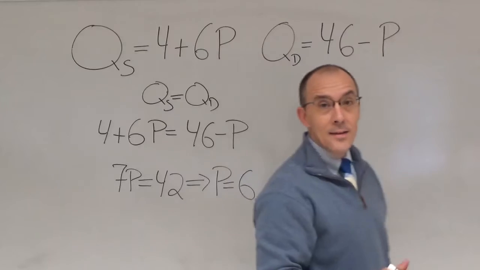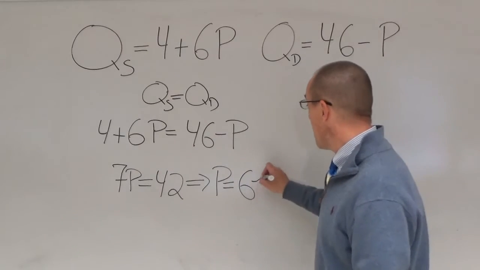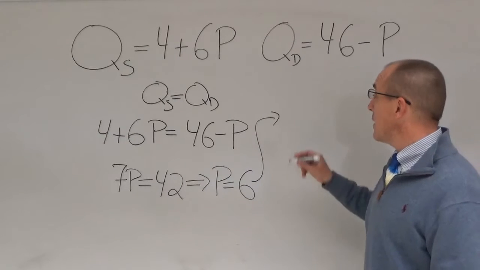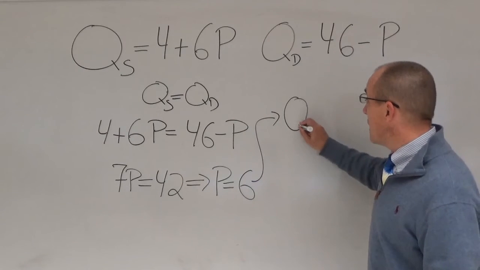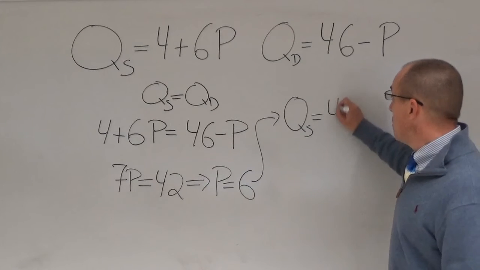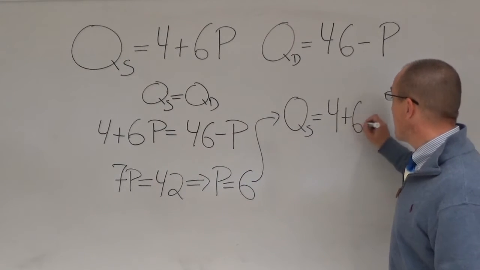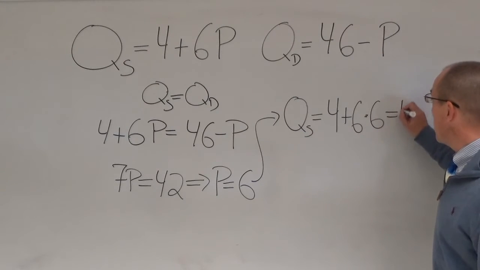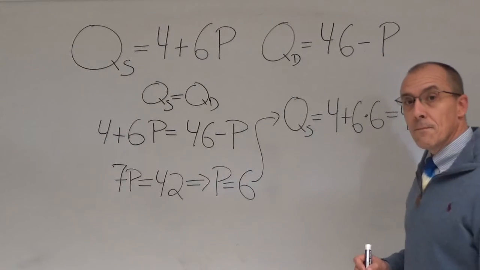I can now take this equilibrium price and plug it into either quantity supply or quantity demand. If I plug it into quantity supply, I will have quantity supply equals 4 plus 6 times 6, which comes out to 40.